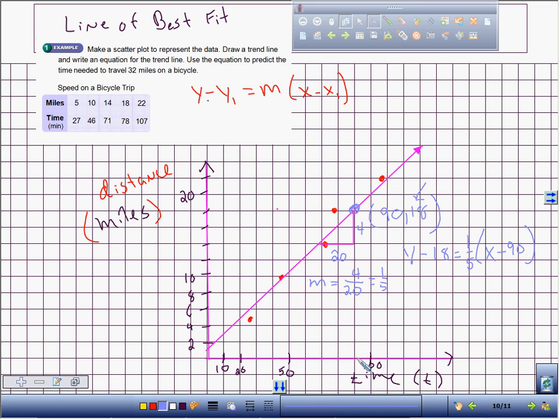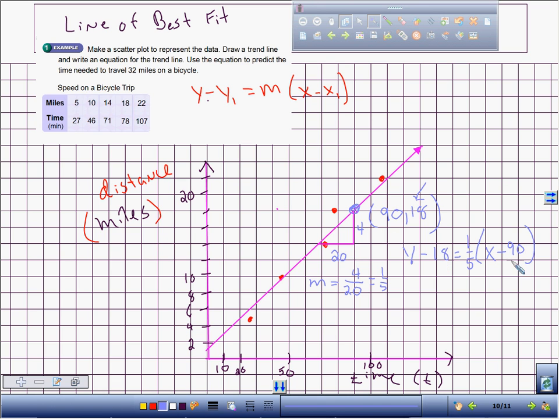See that? So what you end up getting is this, and then they're going to ask you to use the equation to predict the time needed to travel 32 miles.